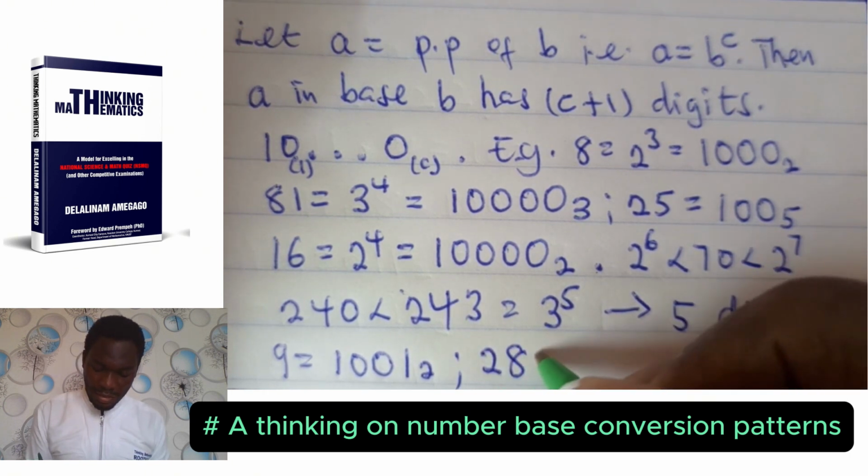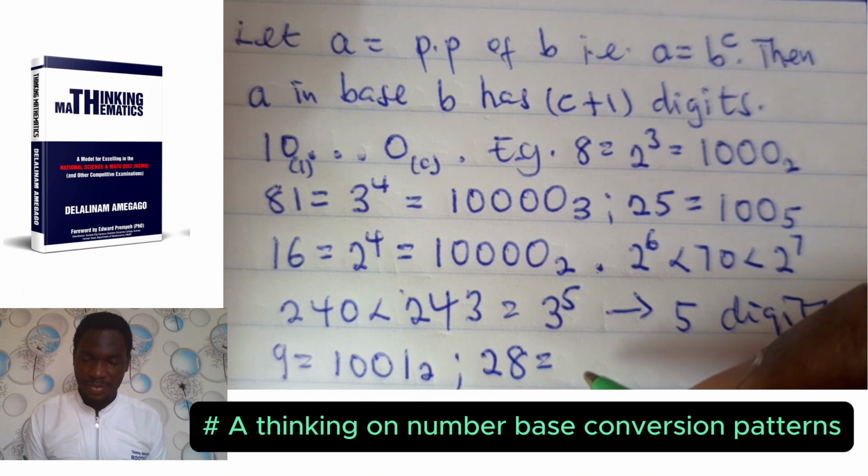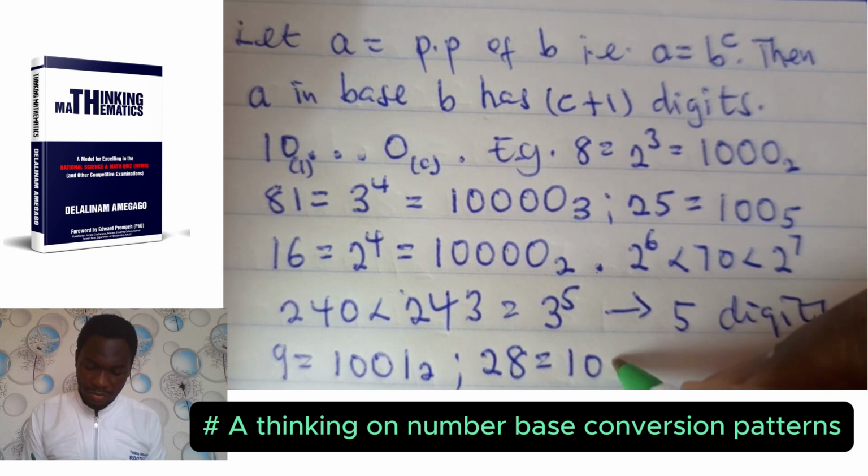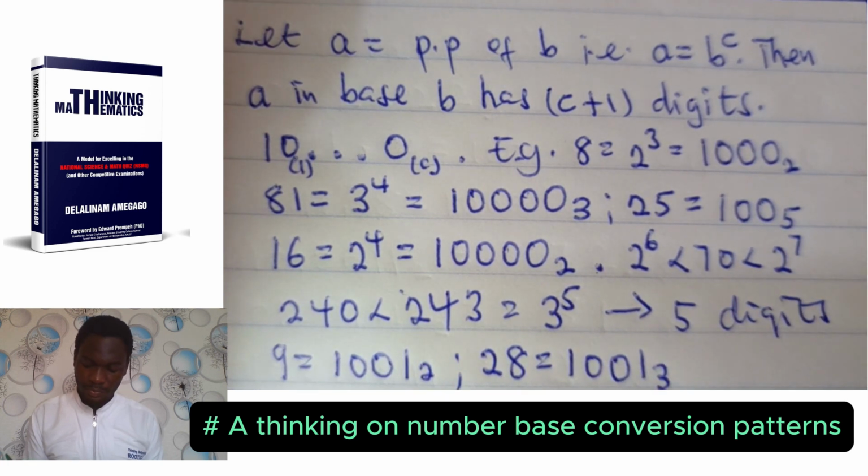28 is 27 plus 1, and that is 1 more than 3 exponent 3. If it was 3 exponent 3 in base 3, it would have been 1 followed by 3 zeros. So 28 is 1, 0, 0, 1 in base 3.